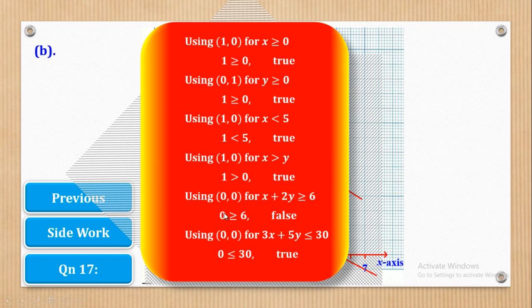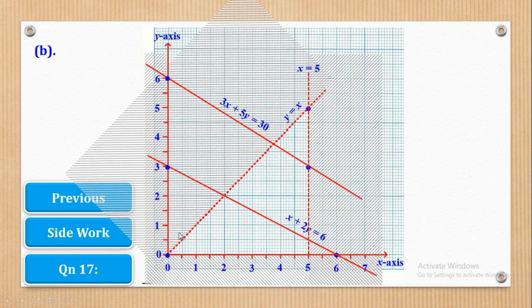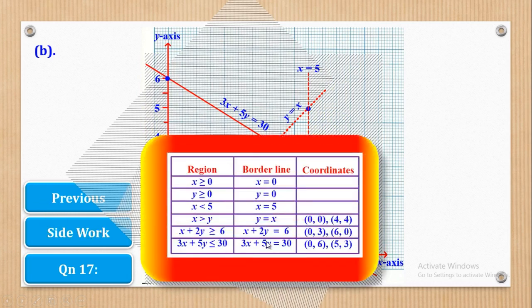Therefore I come up with 0 is greater than or equal to 6. I then consider that this is false, meaning where I got that point from is the unwanted region. Therefore this is the unwanted region, so I'll shade that part.